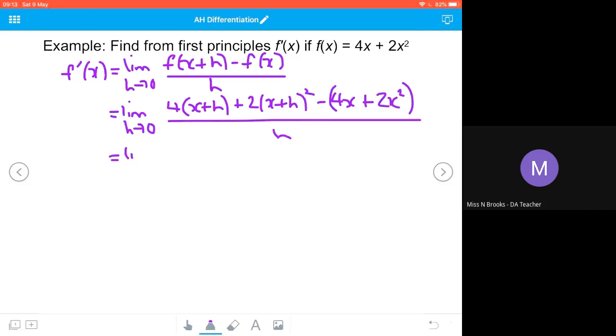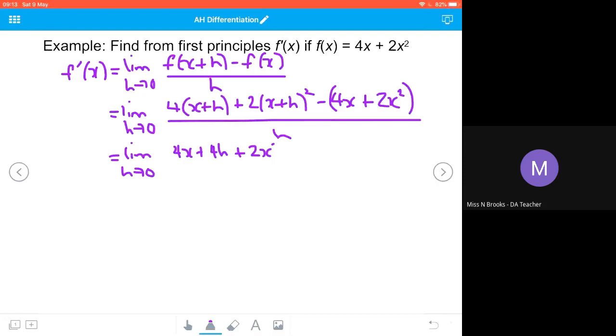So that gives me a limit as h tends to 0, and I'm going to expand everything out. So I'm going to get 4x plus 4h, and then I know that my x plus h squared gives me x squared plus 2hx plus h squared, so I'm going to be able to double all of that.